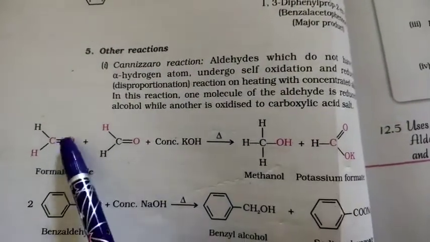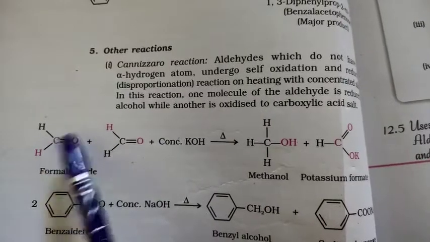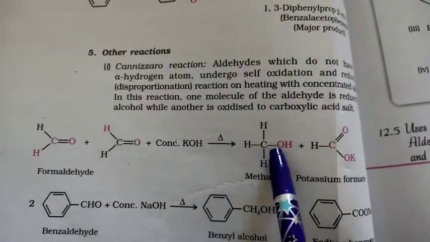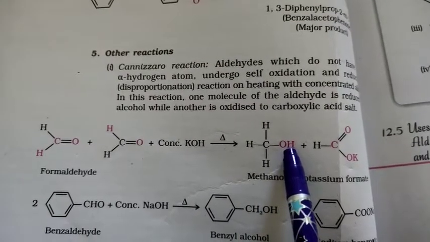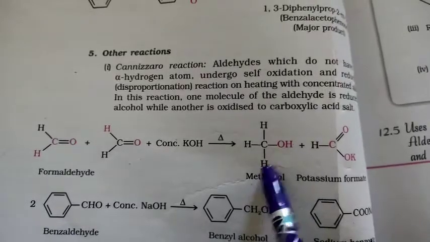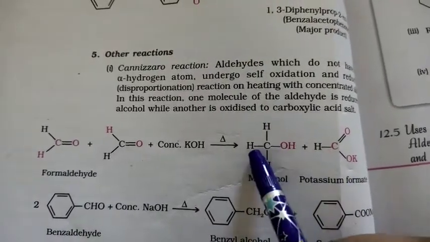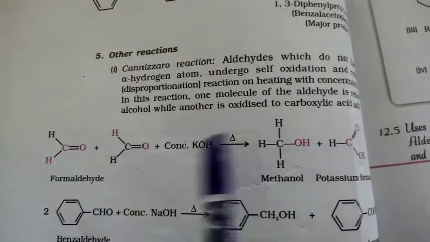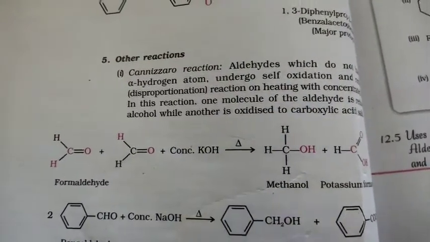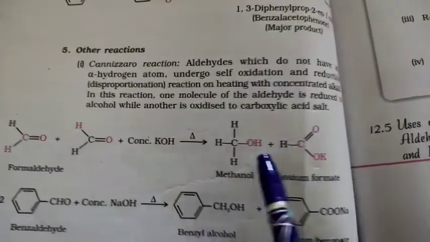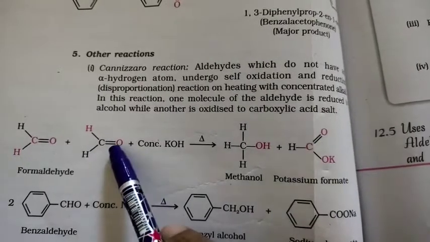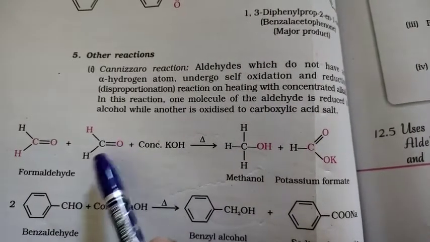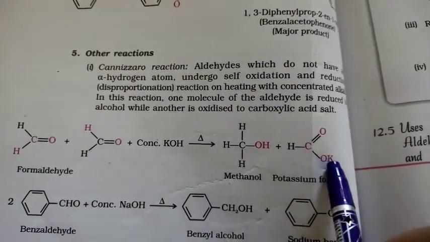Now you see the reaction is taking place only at the CHO. In place of oxygen we write OH because this is the alcohol part. Then the hydrogens already there in the compound, and one hydrogen has come from the KOH. Now here again, C double bond O remains intact from here, right? In place of one hydrogen it is replaced by OK.